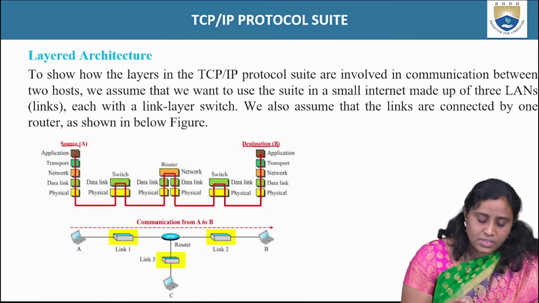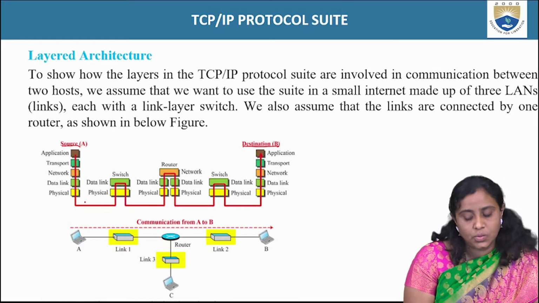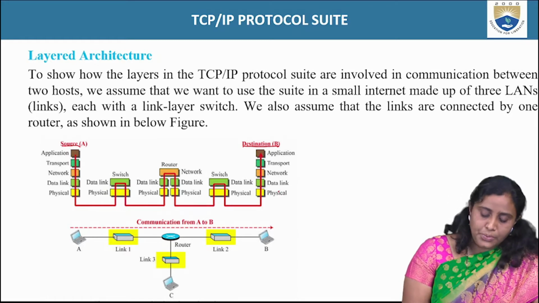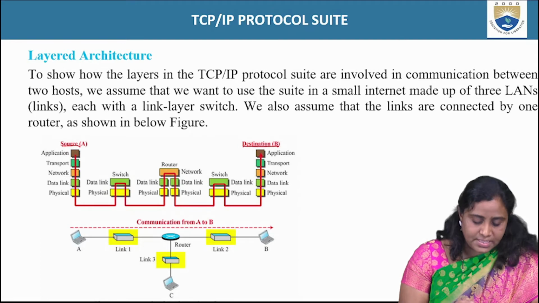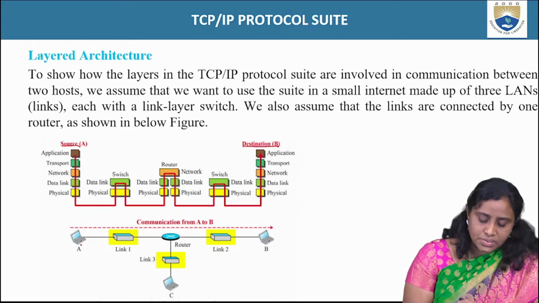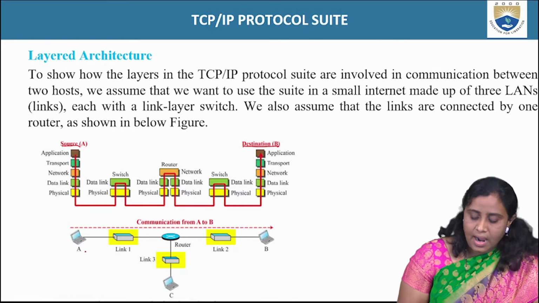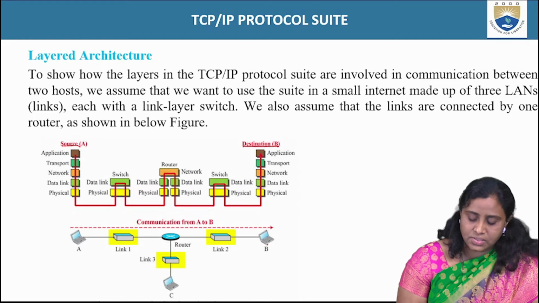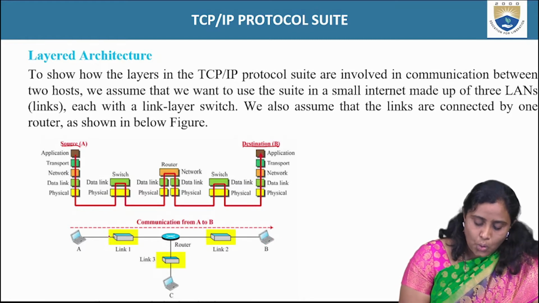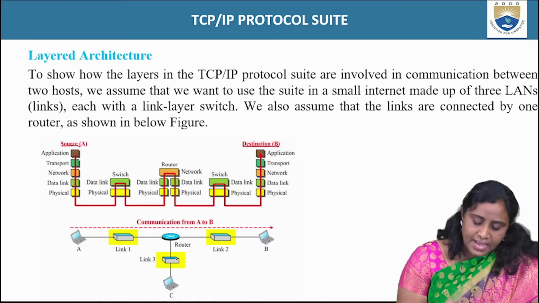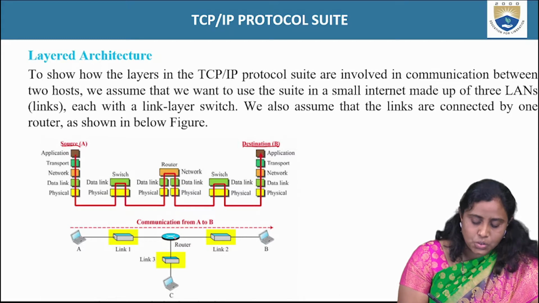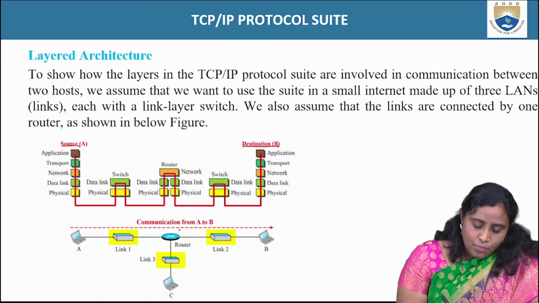In the example below, the first link layer is switched with source host A and the second link layer is switched to destination host B. Both these link layers are attached to one router, situated at the center between the two link layers, and the third link layer is also attached to the router.